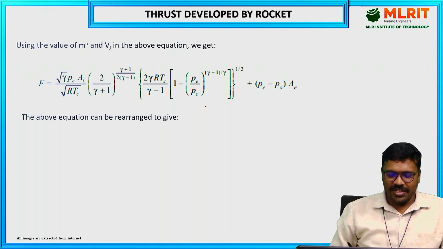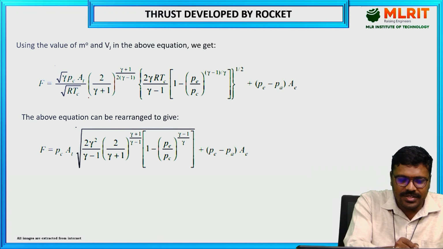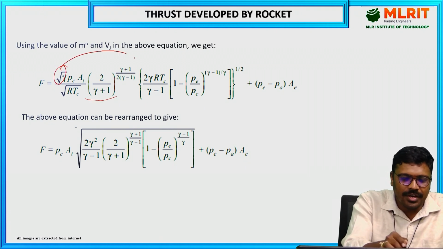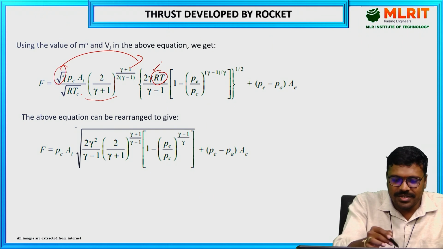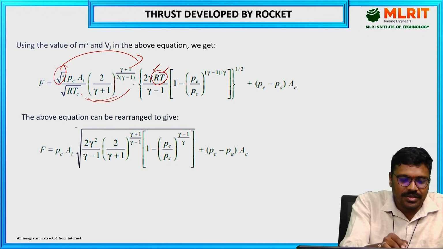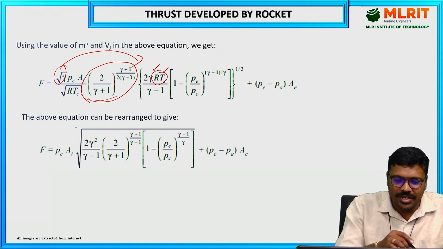So the above equation can be rearranged. I can send this root gamma into this, and RTC: here we have under root R and under root Tc, the gas constant and the temperature at the chamber, and one term in terms of gammas.